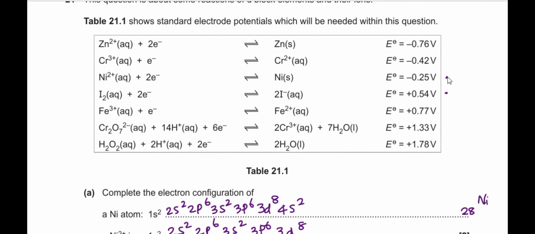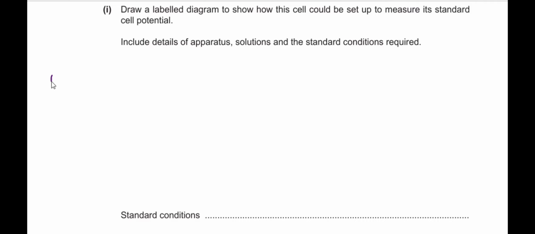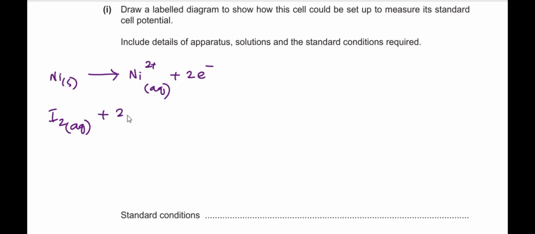Also, we need to draw the nickel system on the left in the diagram, because nickel solid will undergo the oxidation. The reaction equations will be nickel solid will get oxidized to nickel 2 positive ions aqueous plus 2 electrons, and then iodine aqueous plus 2 electrons will become 2 iodide aqueous.